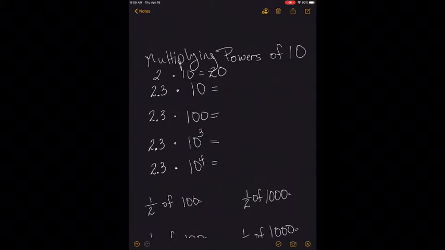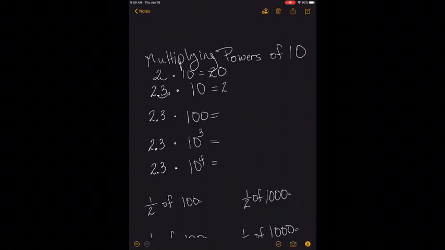You basically, I think you probably learned you quote-unquote add a 0. But really what's happening is there's a decimal place there that you don't use because there's nothing after it. And you just move it over 1 because there's 1 0 in your 10. And now your 2 becomes 20.